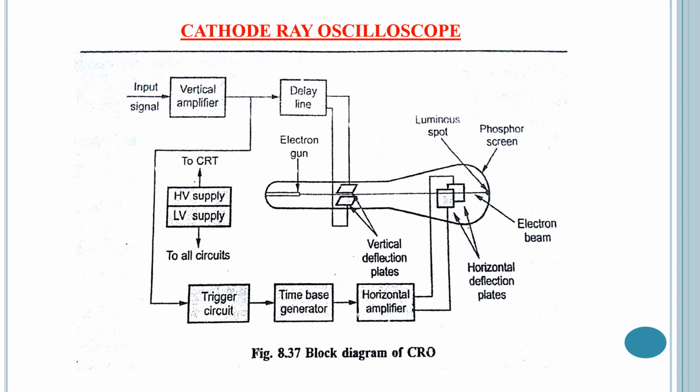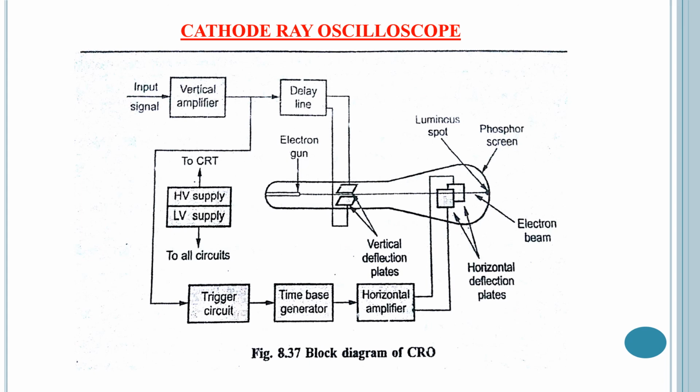The third one is the measurement of phase. Phase measurement in CRO can be done with the help of pattern figures. These figures can tell us about the phase difference between two signals. Frequency can also be measured by this pattern figure. The last one is the measurement of frequency.